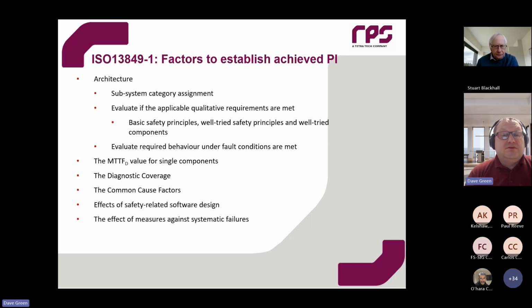We obviously need to understand our MTTFD for the single components, and then what that equates to over the full safety function. Diagnostic coverages, common cause factors, software design effects, and there's our other systematic failures. So obviously there's other things in how we design, manufacture and implement devices from a systematic perspective that are now defined in there.